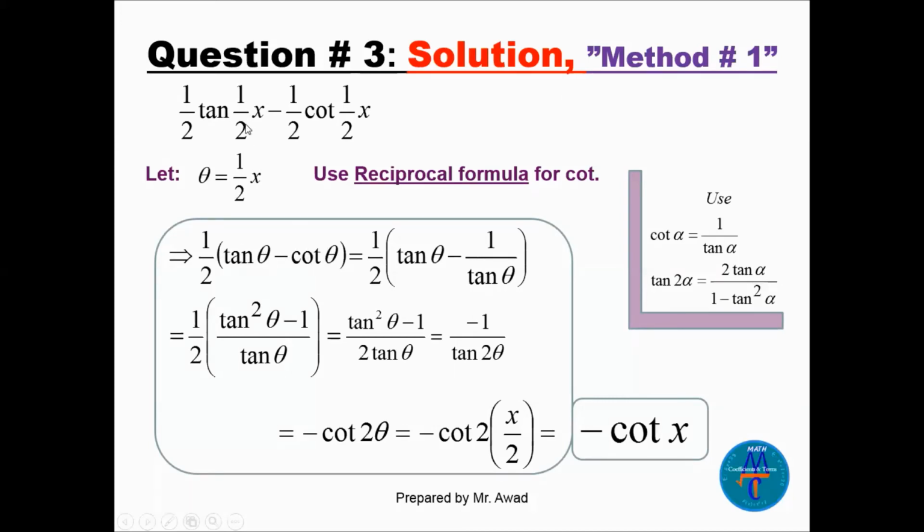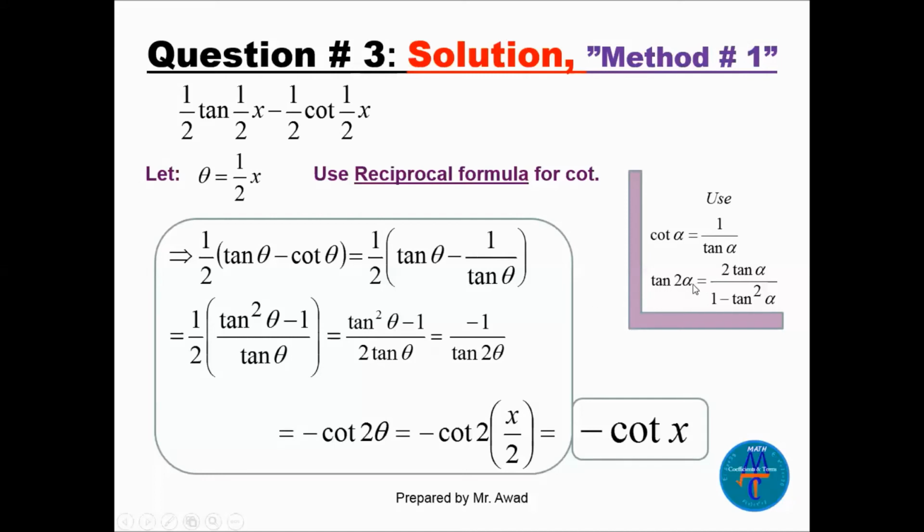So half x is the same as x over 2. Now use the reciprocal formula. We know cotan of alpha is 1 over tan of alpha. So this is cotan of theta, 1 over tan of theta. Find the LCD here, combine the fractions. This will be tan squared of theta minus 1 over tan of theta. Now if you multiply with half, it will be tan squared of theta minus 1 over 2 tan theta.